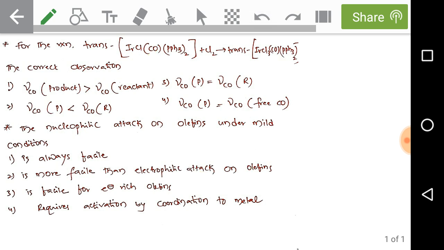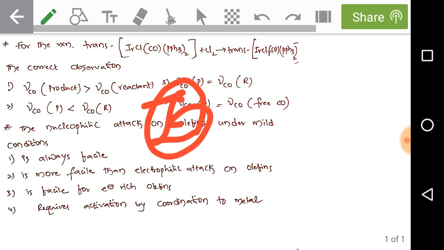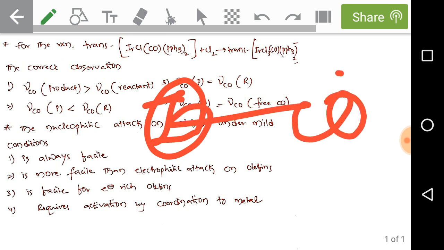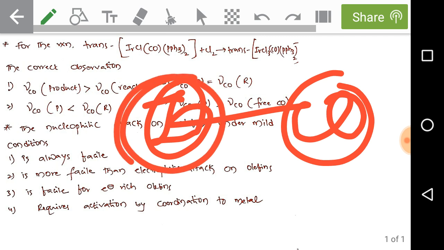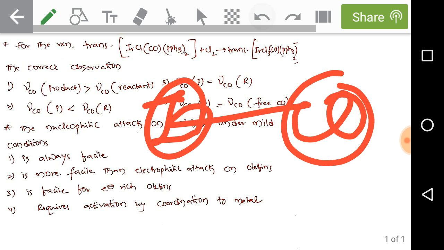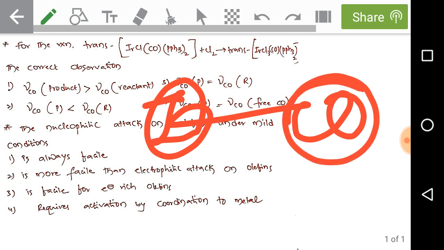Okay, whenever oxidation state is increased on the central transition metal complex, in that case the back donation from the transition metal to the carbonyl ligand decreases. Whenever electron density around the metal decreases, then back donation decreases from metal to electron withdrawing ligands like CO. Whenever back donation decreases from metal to CO, then the frequency of CO increases.